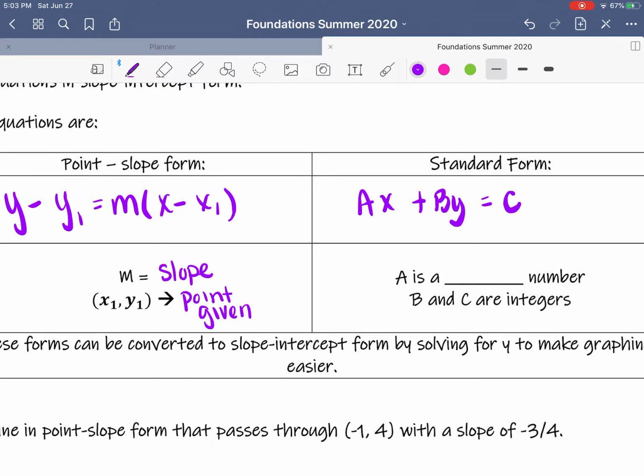A is a positive number and A, B, and C are all integers.